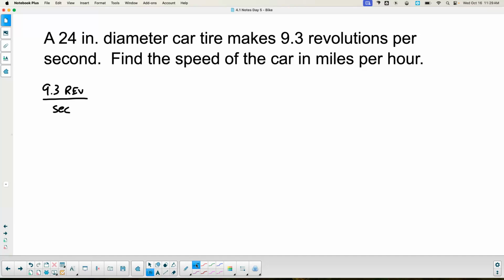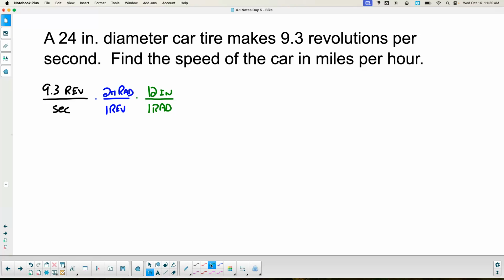So we're making 9.3 revolutions per second. Each revolution is 2 pi radians. 1 radian is 12 inches. So now I'm in inches per second.